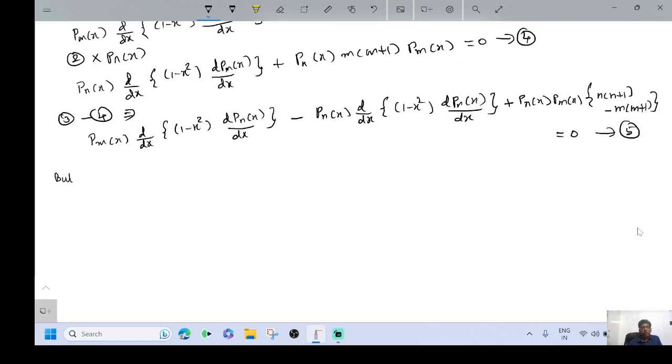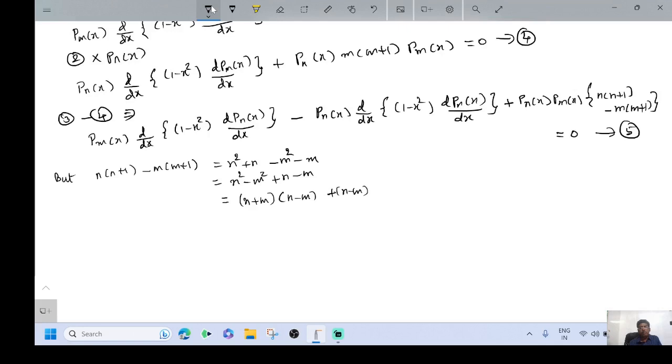But n into (n plus 1) minus m into (m plus 1) equals n square plus n minus m square minus m, which is equal to n square minus m square plus n minus m, which is equal to (n plus m) into (n minus m) plus (n minus m).